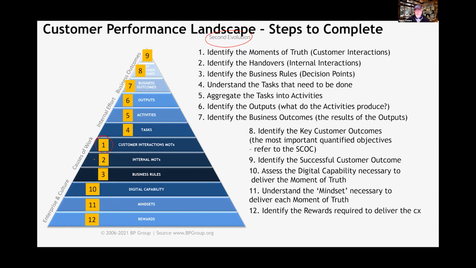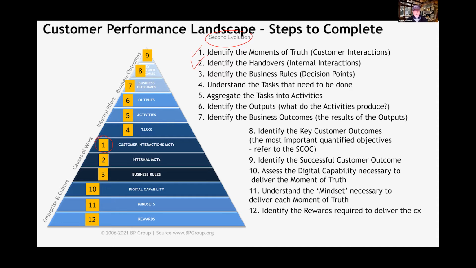Then from that, we say, okay, if that's a customer interaction, what are our internal interactions? What do we need to be doing inside the organization to deliver that? So that's box number two. So you'd start with one, go to box two. Then identify number three, what are the business rules that underpin it? So the business rules fall into three categories usually. Strategic ones, that's what the organization's about, and that's why we're in this marketplace.